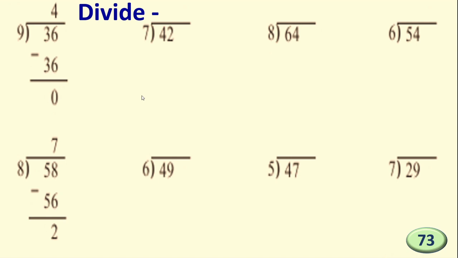If you know the tables for 7, 8, 6, 5, then you can easily go through these sums. I am sure that you will do these sums properly. Take some numbers on your own and try to divide them by other single digit numbers. Okay.